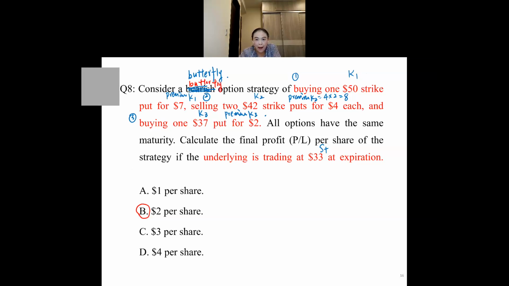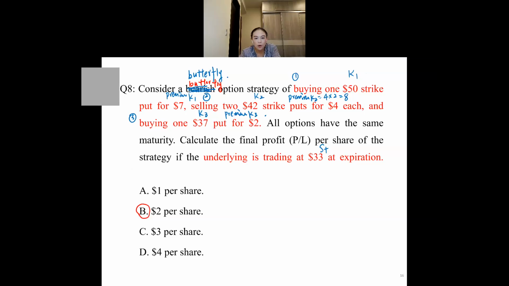Option strategy of buying one 50 strike put for $7, but this butterfly is using put options. So bear in mind, pay attention to here. Selling 2 42 strike puts for 4 each, and buying one 37 put for $2. So when we compute gains and losses, remember you are applying a put option payoff rule here rather than call.